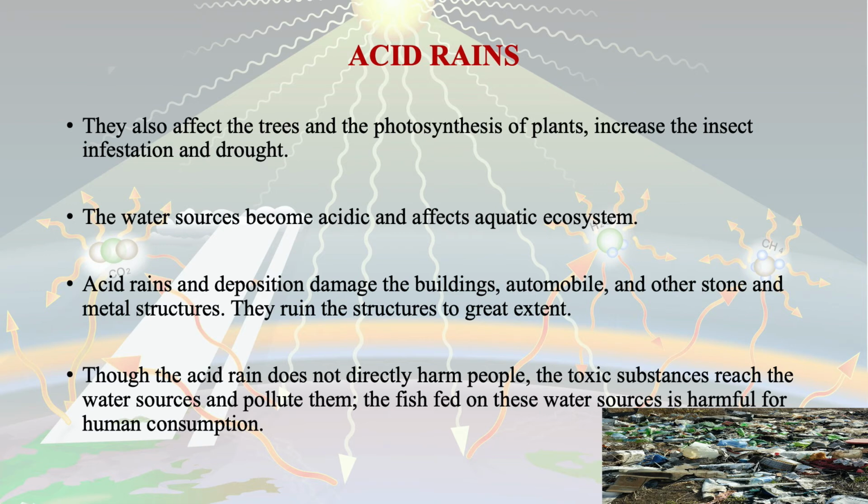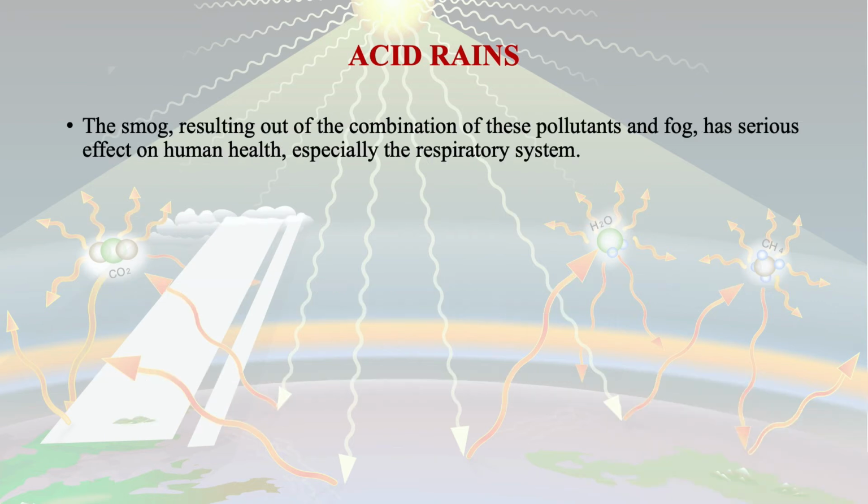Though acid rain does not directly harm people, the toxic substances reach the water sources and pollute them. The fish fed on these water sources is harmful for human consumption. The smoke resulting from the combination of these pollutants and fog has a serious effect on human health, especially the respiratory system.